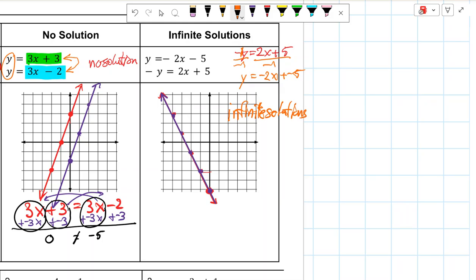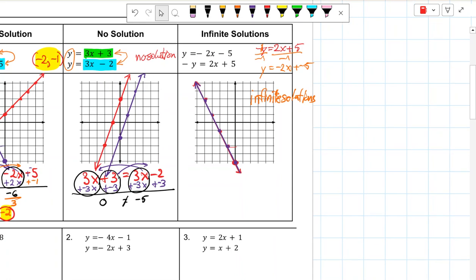All right, so algebraically, what would this look like? Well, we're going to do this one a little bit differently because you can see up here the y's are not the same. We can deal with it. So we're going to take this bottom one right here and rewrite it, but watch how I do this.